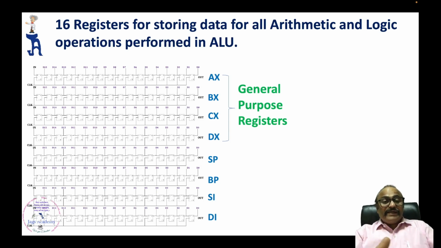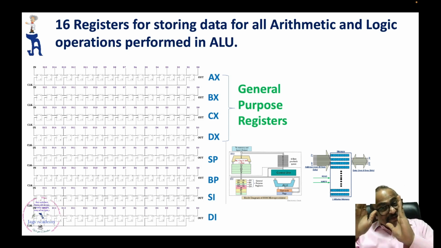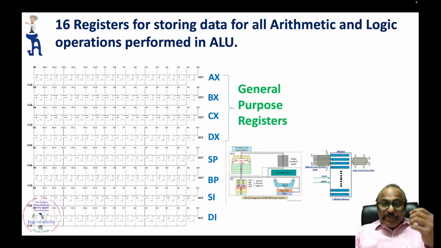But the other registers you see here, the stack pointer, base pointer, source index and destination index, are used for special purposes, for keeping the pointers of a memory. These microprocessors are used along with memory.